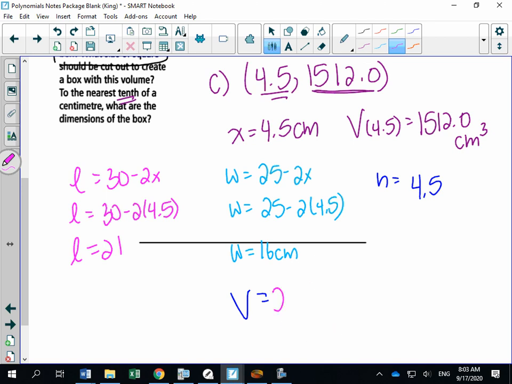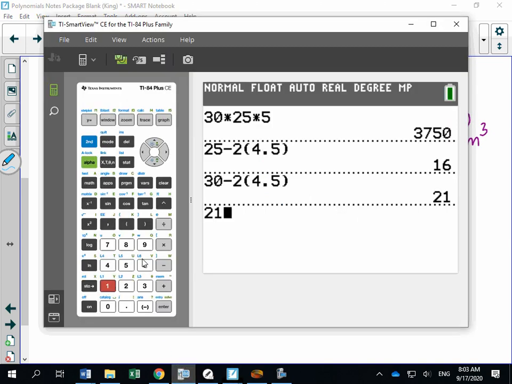So I've got 21 centimeters times 16 centimeters times 4.5 centimeters. So let's check if we're right. 21 times 16 times 4.5, and then there's my max volume of 1512.